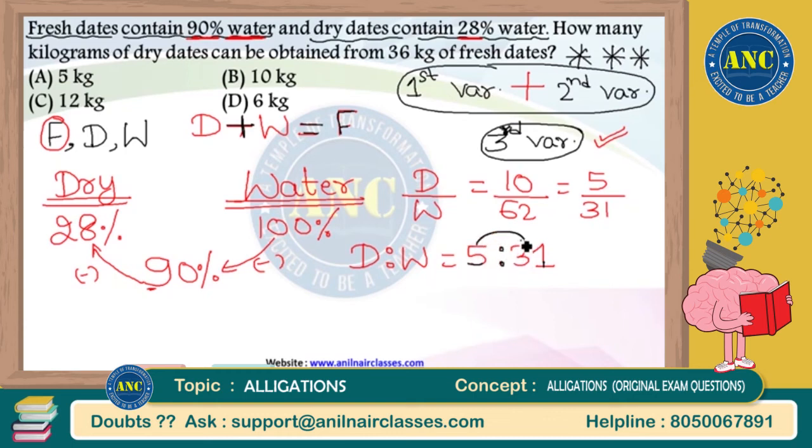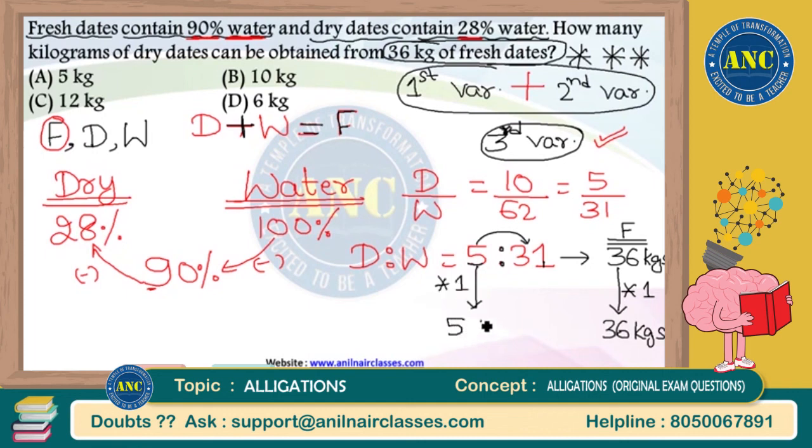If I combine these two, totally 36 kgs of fresh dates is present according to the ratio. But according to the question also, 36 kgs of fresh dates is present. 36 is becoming 36. Multiply by 1, this also multiply by 1.